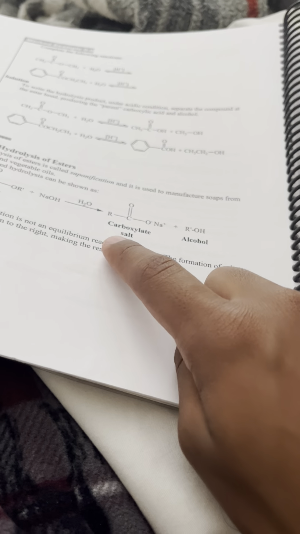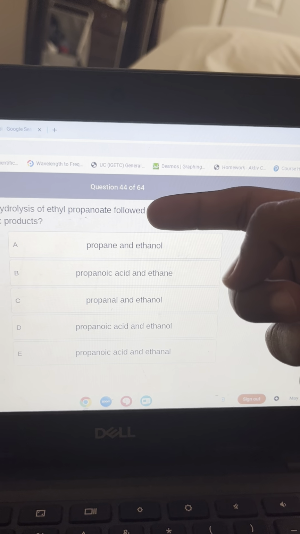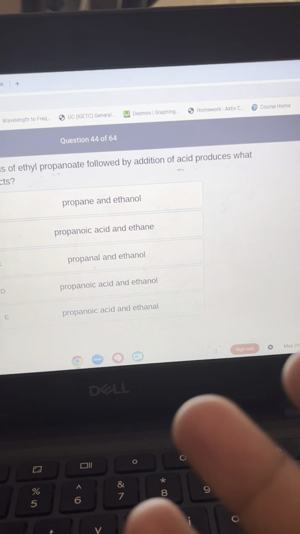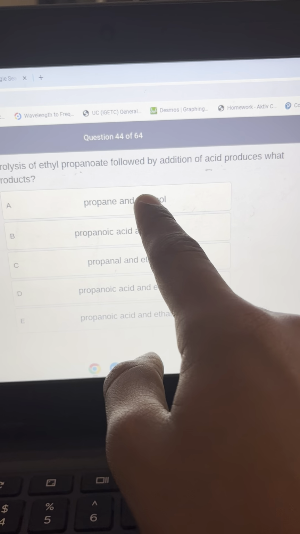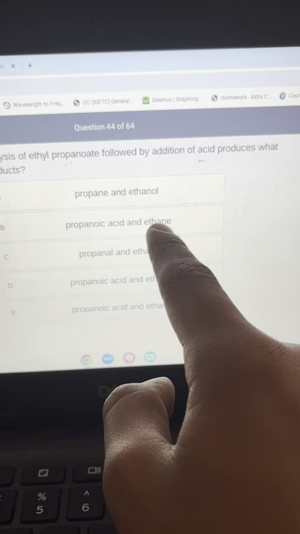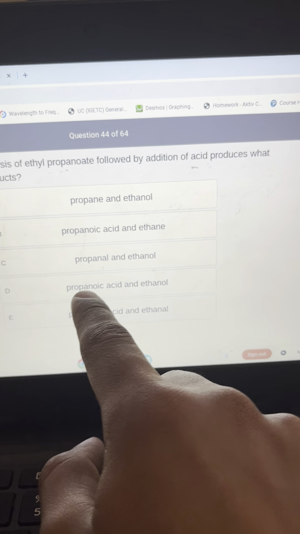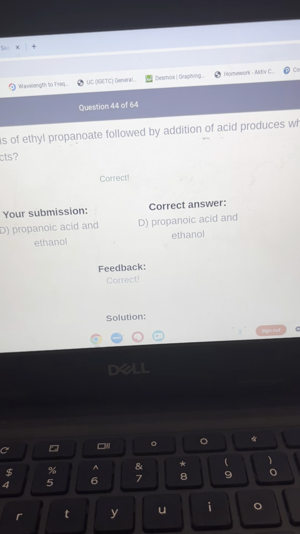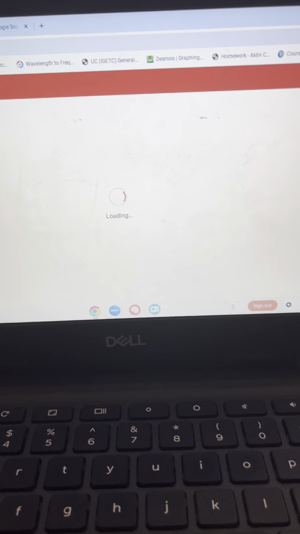If this wasn't here, we would be looking for an ion and an alcohol. But since we're adding an acid, we're looking for an acid and alcohol. So no, this one is an acid, but that's not an alcohol. That's an aldehyde and alcohol. It's not looking for that. Here we have an acid and alcohol. So it's going to be D. Okay, keep going, keep going.